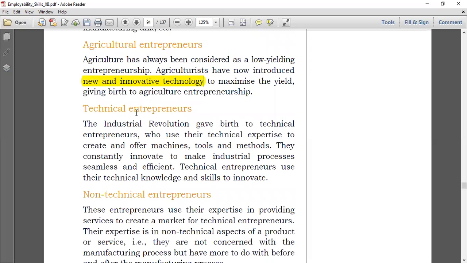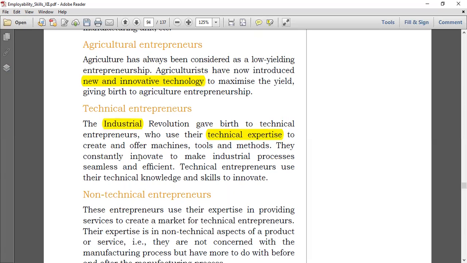Then we have technical entrepreneurs. Now, technical entrepreneurs are basically the ones who rely on the industrial revolution or industry, right? Because in industries, different kinds of machines and tools are used, and to maintain these machines and tools, some technical experts are required, right? So if you are giving services like this, you come under technical entrepreneurs, right?